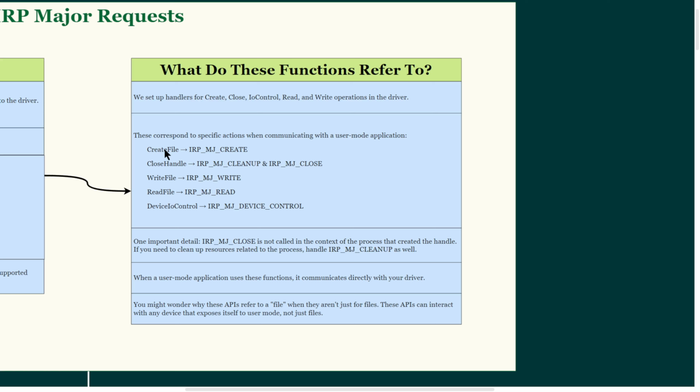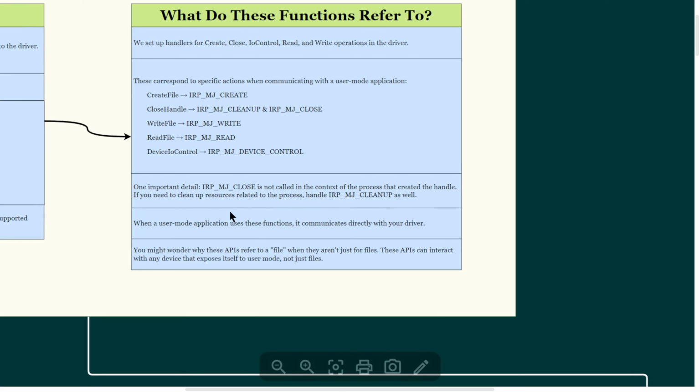So whenever a user mode application calls the CreateFile API, IRP_MJ_CREATE will be executed. Whenever it calls the CloseHandle API, the IRP_MJ_CLEANUP and IRP_MJ_CLOSE registered in our driver will be executed. Whenever it calls WriteFile, the IRP_MJ_WRITE registered callback will be executed. Read file, IRP_MJ_READ registered callback will be executed. Device IO control, IRP_MJ_DEVICE_CONTROL will be executed.